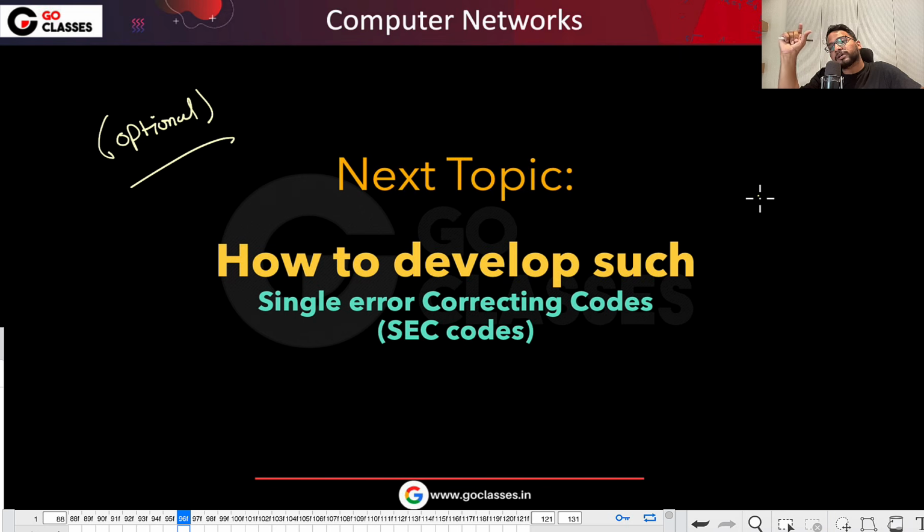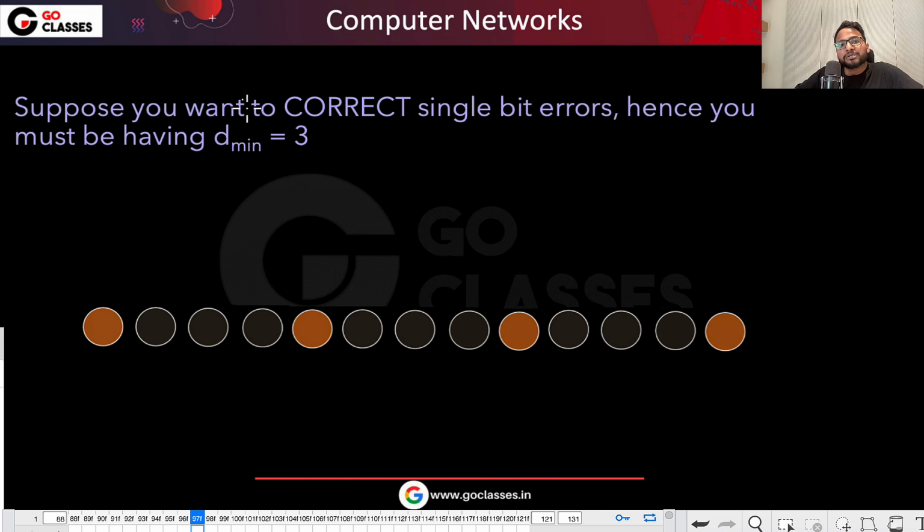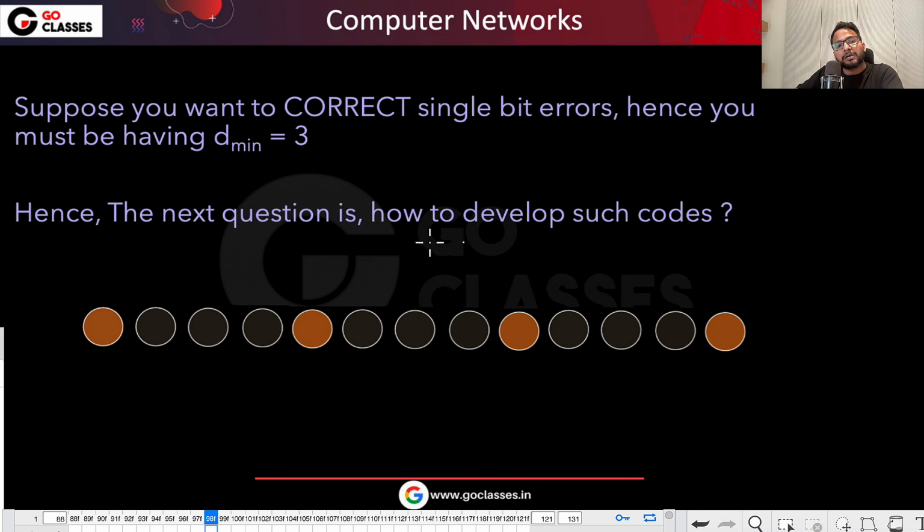So how to make sure that my minimum Hamming distance is always 3? How to develop such codes? So suppose we want to correct single bit errors, hence you must have minimum Hamming distance 3, right? Hence the next question is how to develop such codes. This is my question.